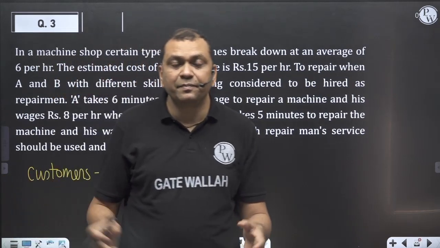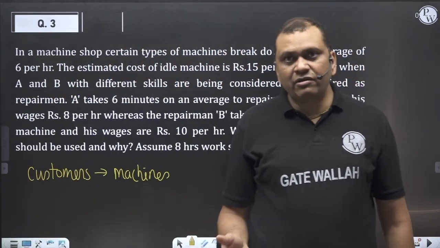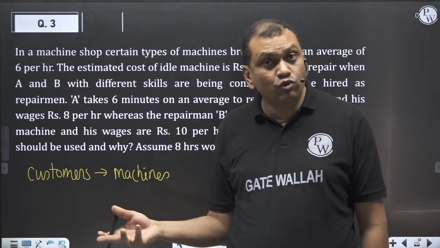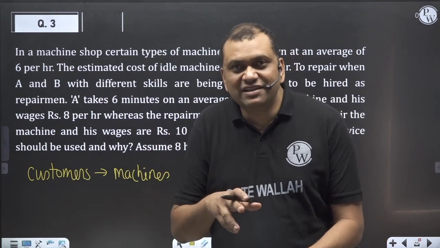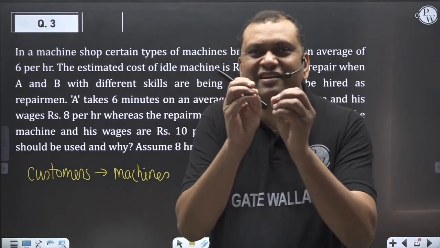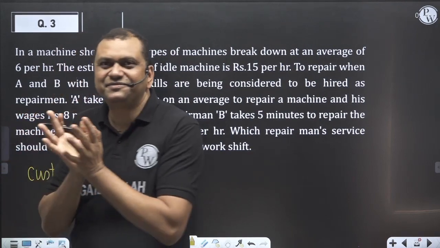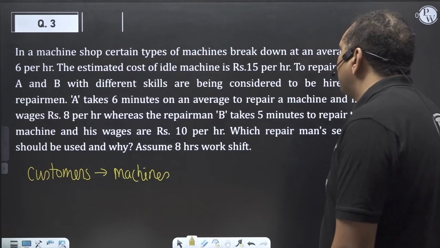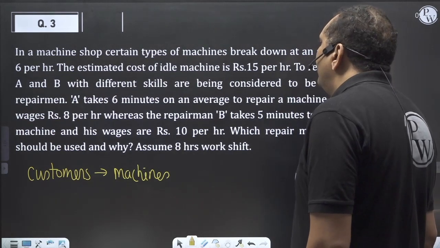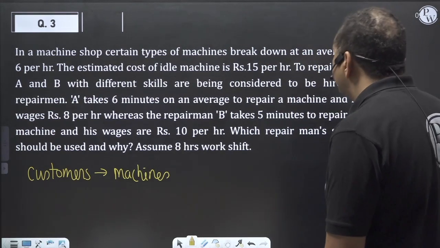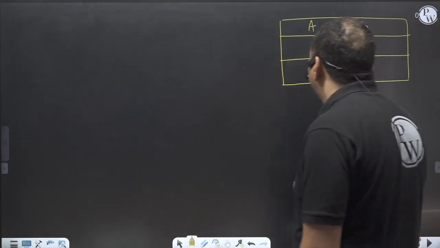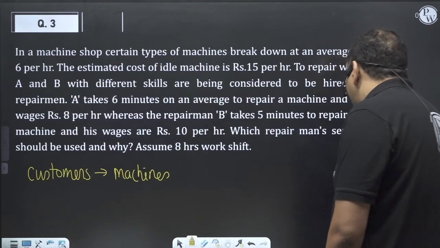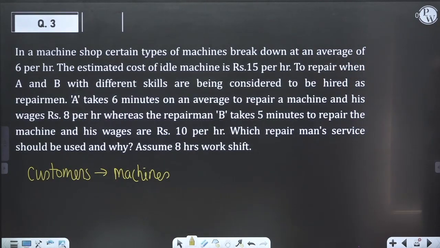So when a machine breakdown happens, those machines will also be in the queue, but the service facility is going from machine to machine. Here the customers are machines, and the breakdown happens at an average of 6 per hour. So lambda is 6 per hour.